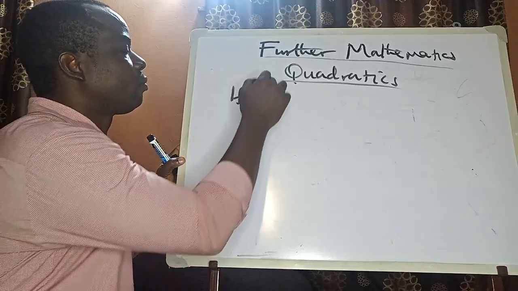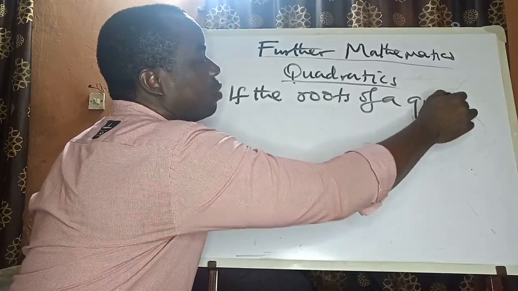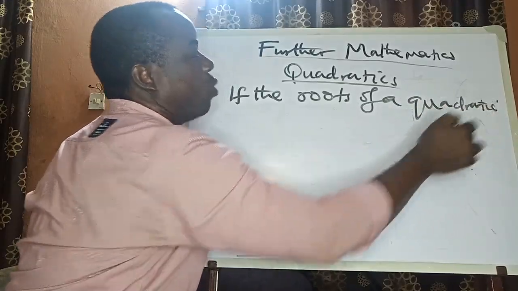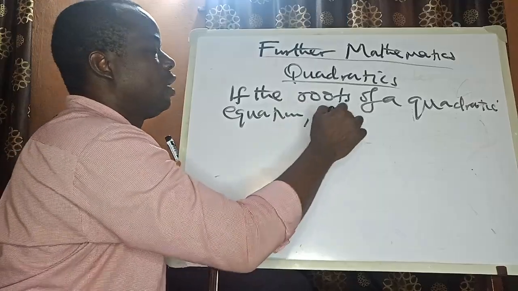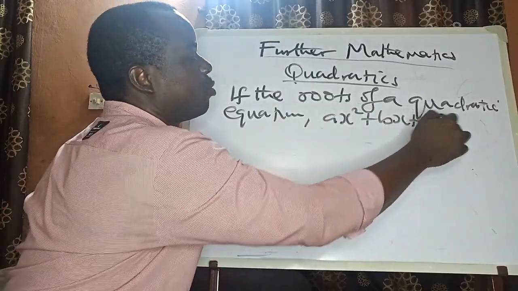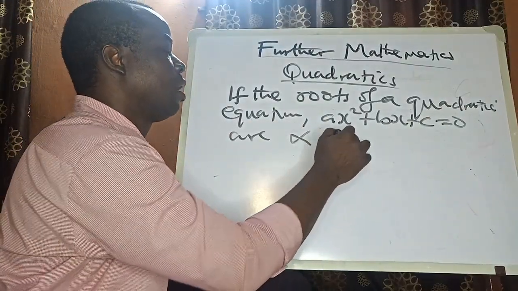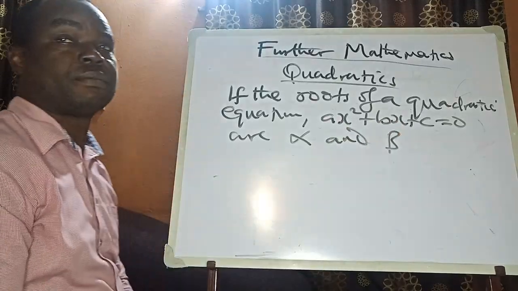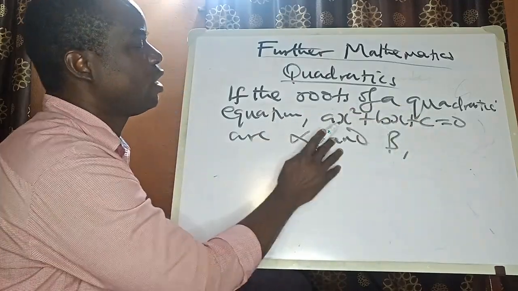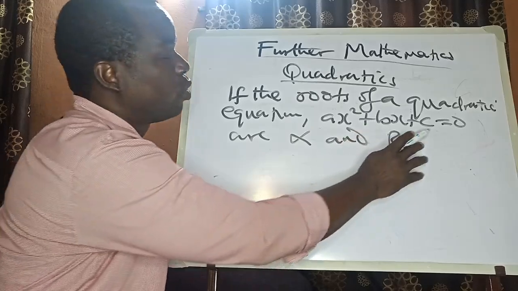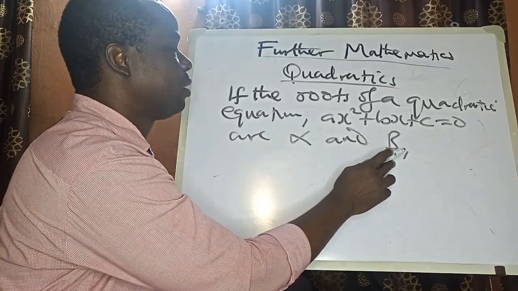Now, if the roots of a quadratic equation ax squared plus bx plus c equal to 0 are alpha and beta.